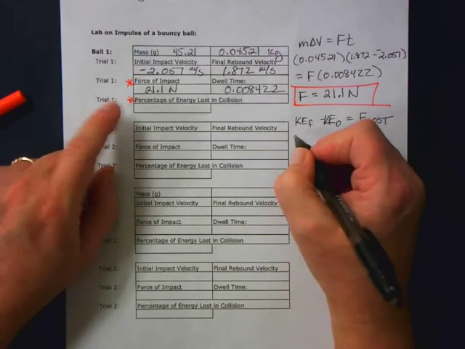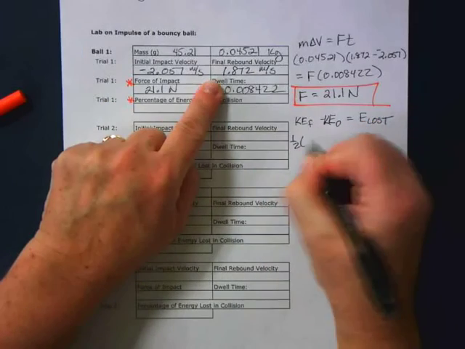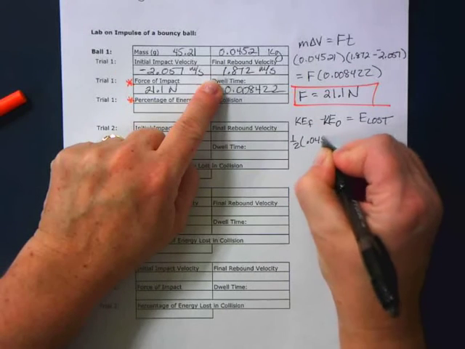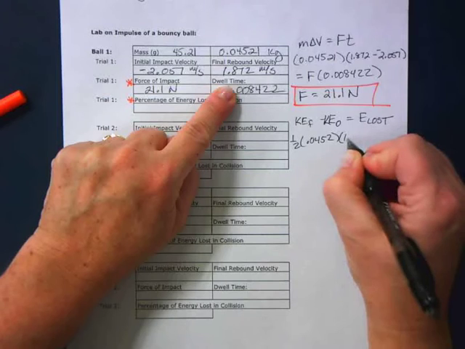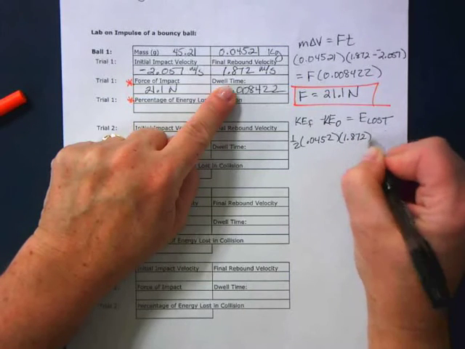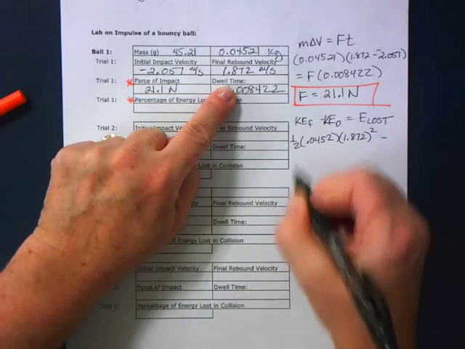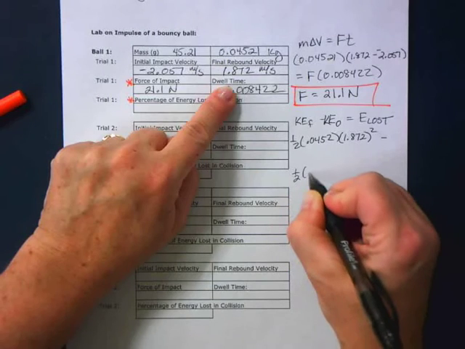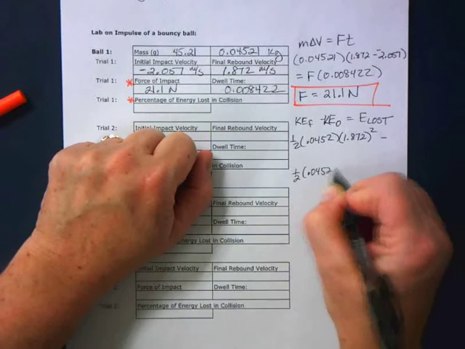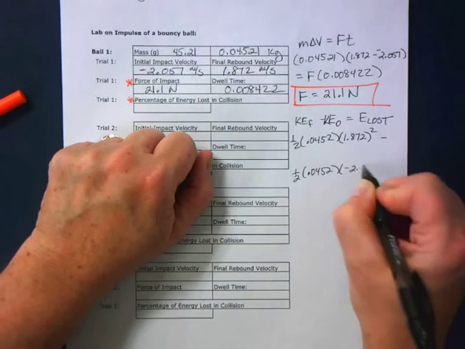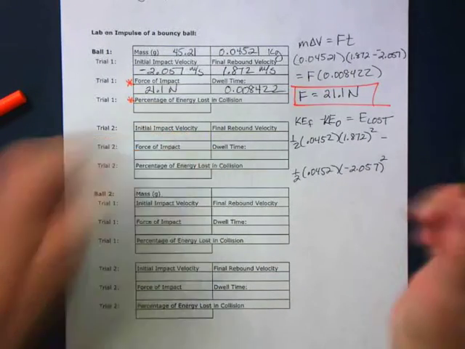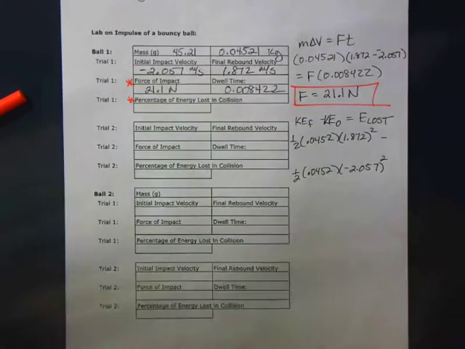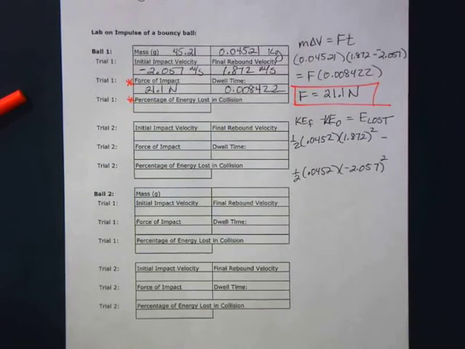All right, so for this particular calculation, final kinetic energy would be 1/2 times the mass times the velocity squared, minus the initial kinetic energy. Notice that energy is a scalar, so since we square the velocity, it won't matter whether it's a positive or negative velocity.